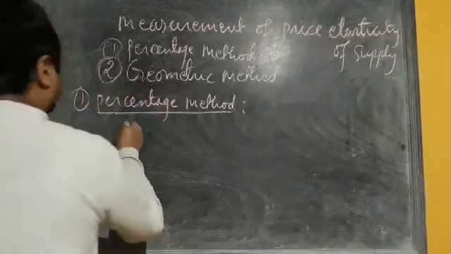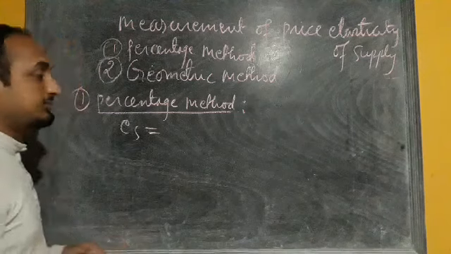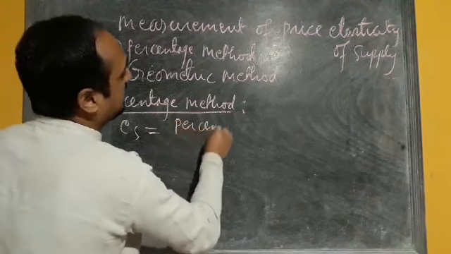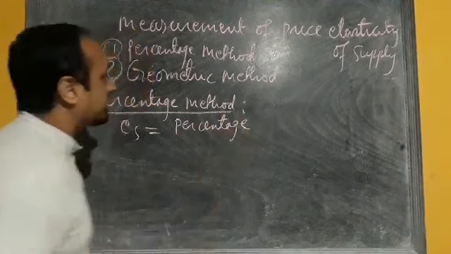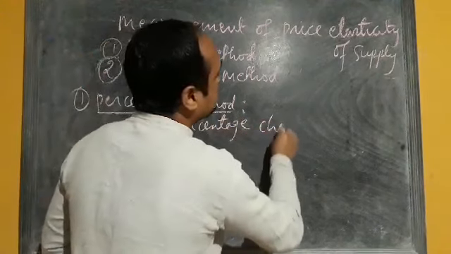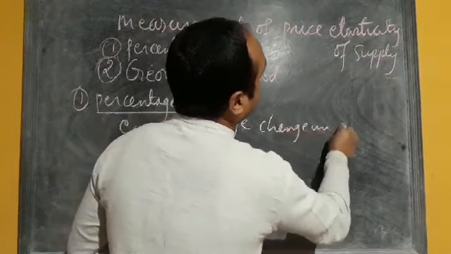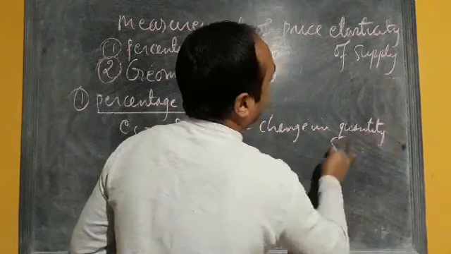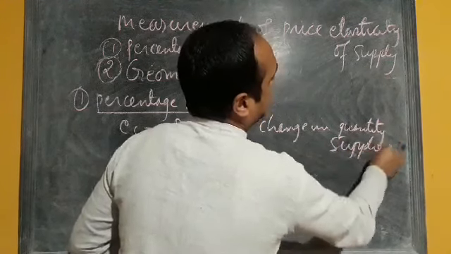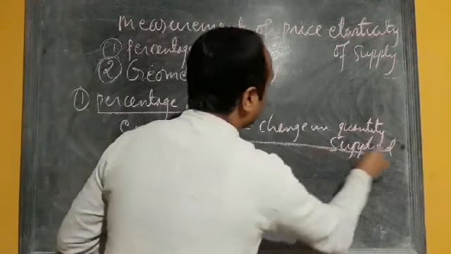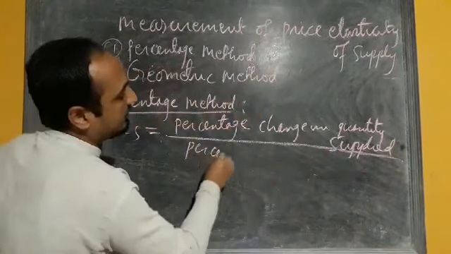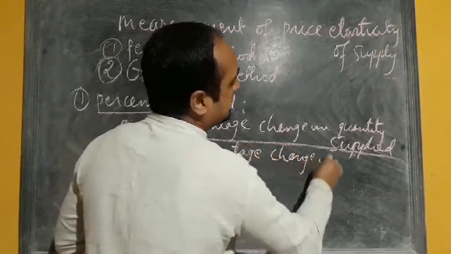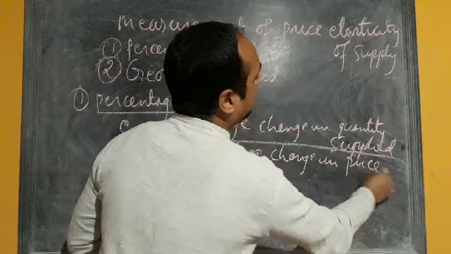In the definition, E, price elasticity of supply, is defined as the ratio of percentage change in quantity supplied divided by percentage change in price.